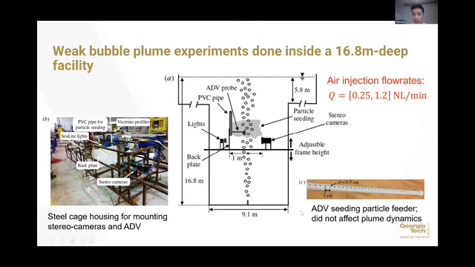We do these experiments and measure the plume flow properties. One thing I'll mention here is that in this wave basin, the water is very clear.